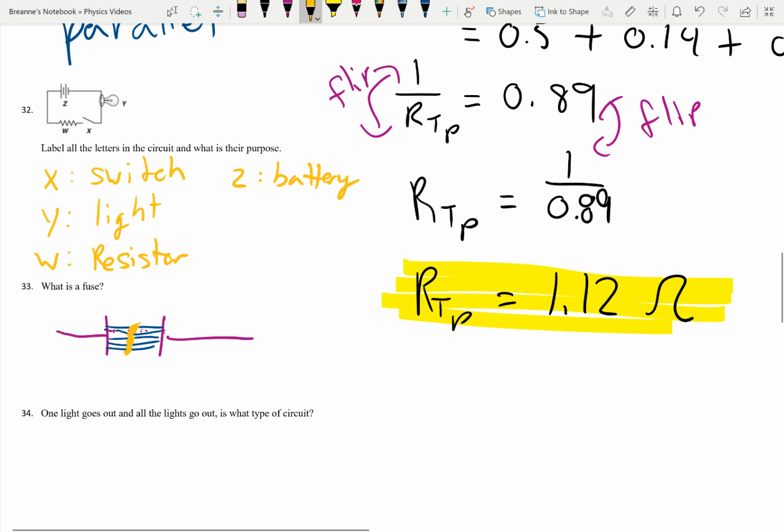It'll stop the current. And the reason is so your circuit doesn't overheat. So the whole point of a fuse is to make sure it doesn't overheat. If you think about a breaker box in your house or in a building, if there's a surge, your breaker will flip, like your switch will flip. And if you break your breaker, your metal has melted. But that switch is there so that if there's an extra oof of electricity, instead of catching your house on fire or breaking every appliance in that little section, it just flips the breaker.